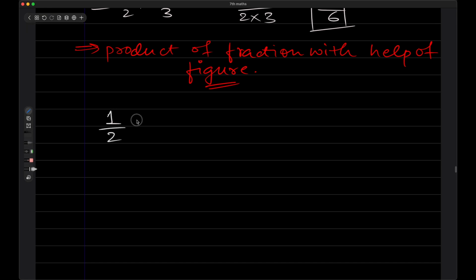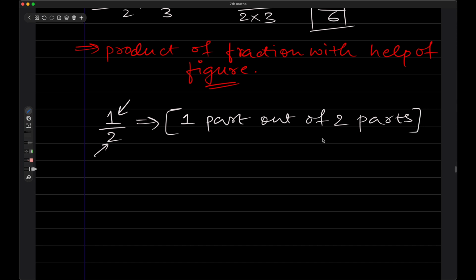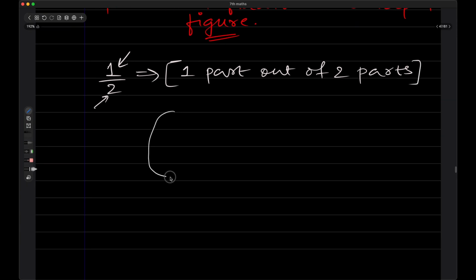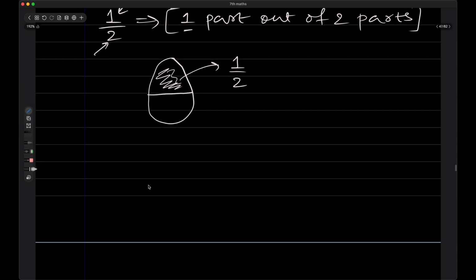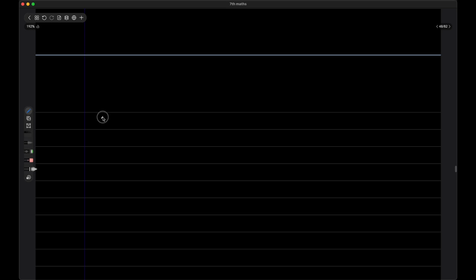If I write 1 by 2, this means taking one part out of two parts. If I draw the figure, I will take a circle, divide it into two parts, and take one part out of two parts. Now let us take 1 by 2 into 1 by 3.